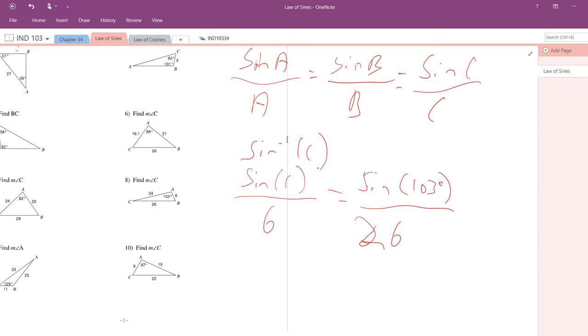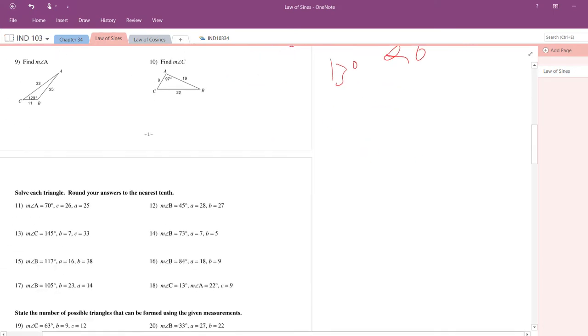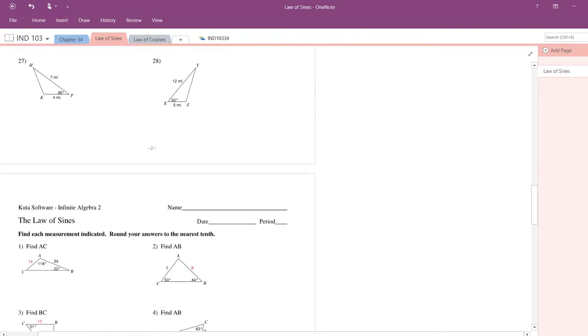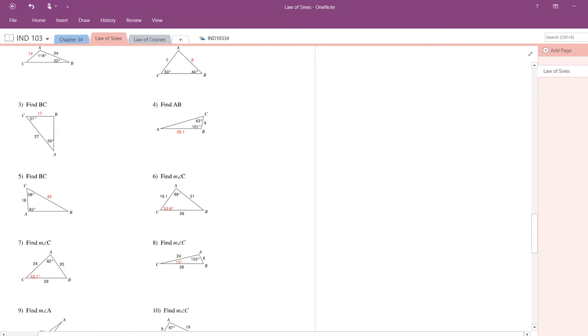My answer right there is 0.22485436, but I'm going to arcsine it, and that gives me 13 degrees. So let's check my handy dandy answer key. Yep, 13 degrees. There it is.